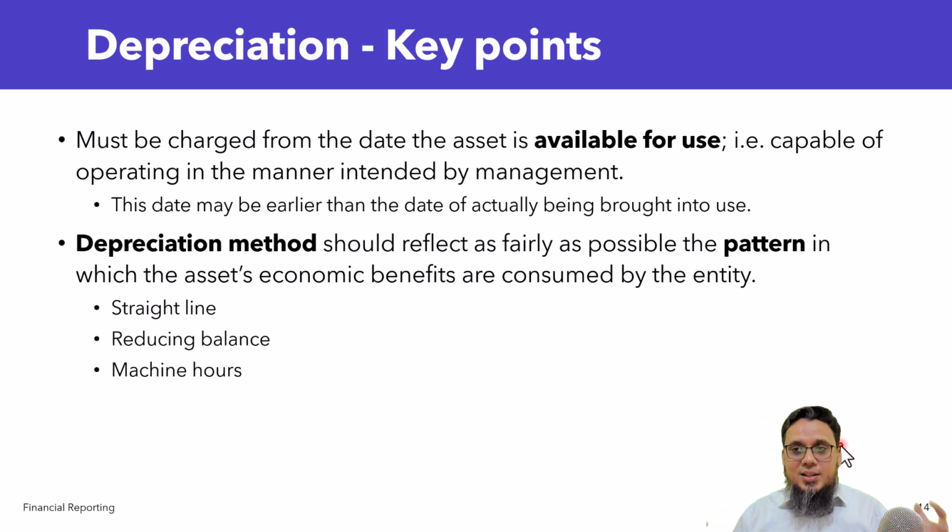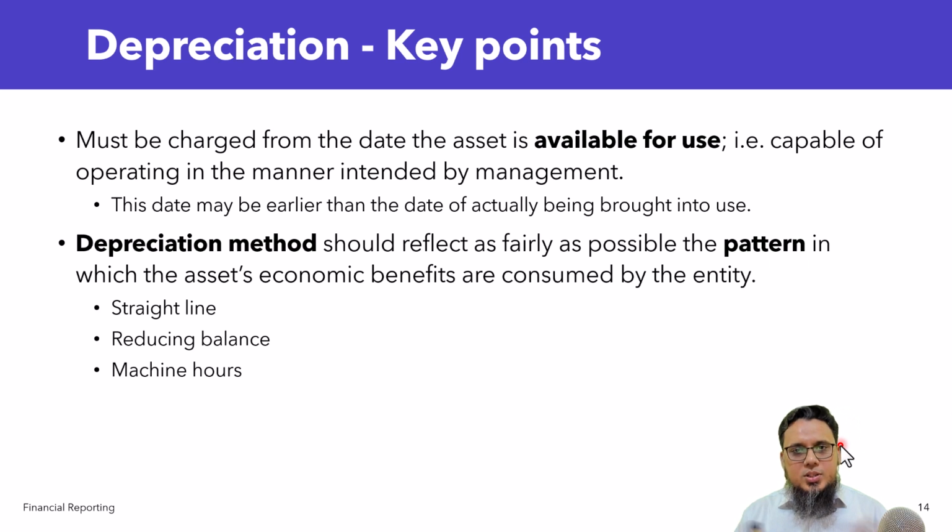If it's an asset that produces a finite quantity of goods per hour, maybe machine hours or product count basis is a better reflector, because assets can have a useful life. For example, a packaging machine might have a capacity of 3 million boxes throughout its lifetime, and you can measure the depreciation according to that.